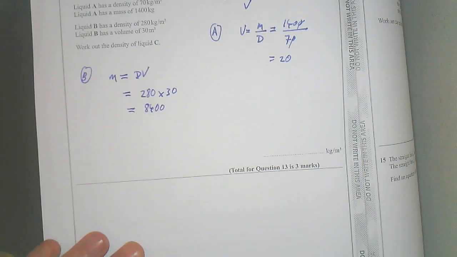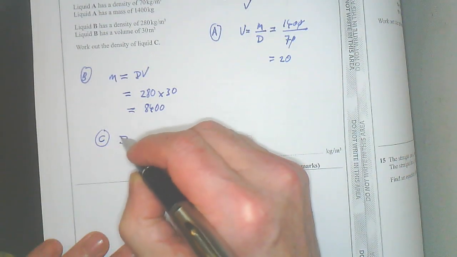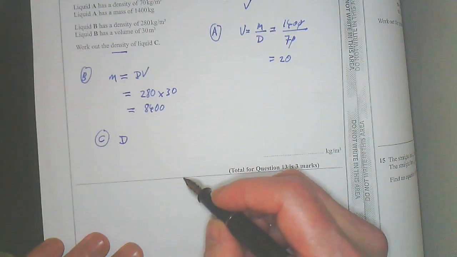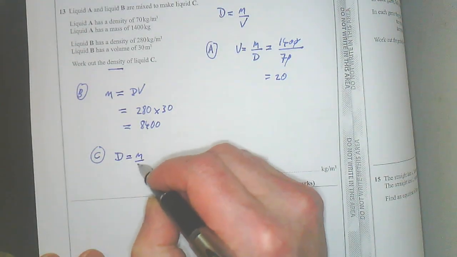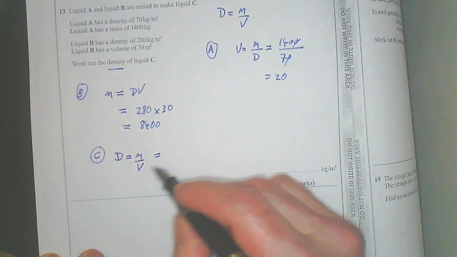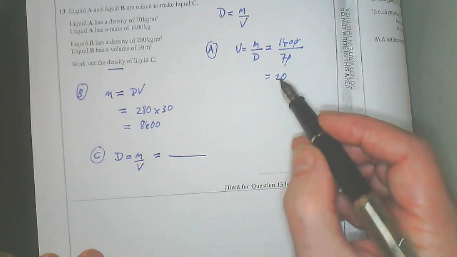So for C, it says work out the density of liquid C. So the density equals the mass over the volume again. Now, all we need to do is make sure we add up our masses and our volumes. So the mass must be the combined mass of the two.